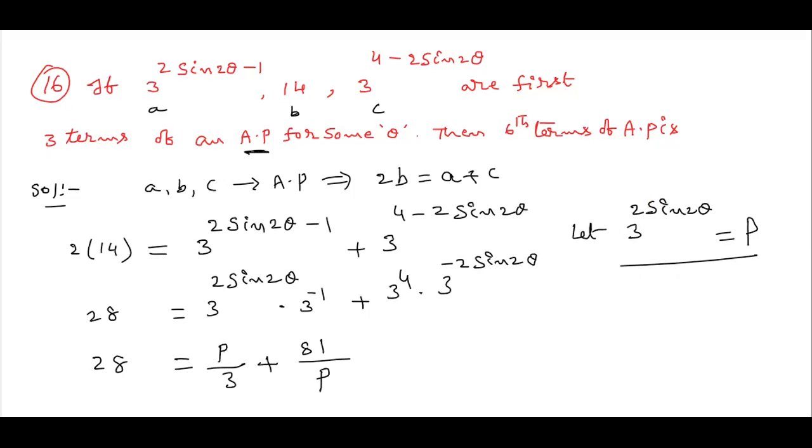Now take the LCM. What we get? 28 is equal to p square plus 243 divided by 3p.